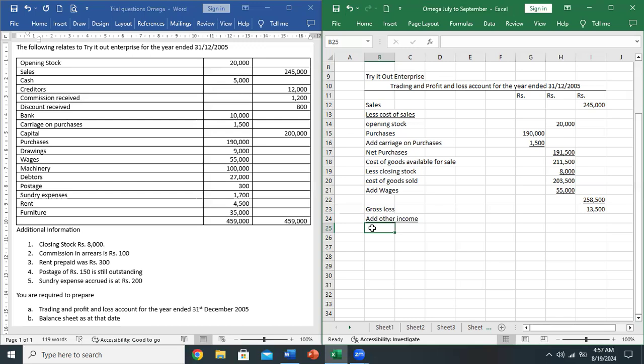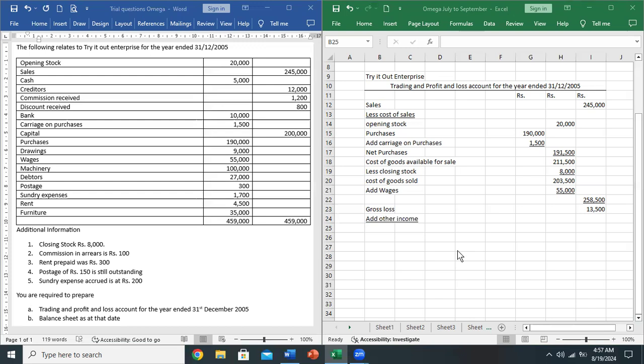Who is going to assist us get the other income? Prof. Frank and Prof. Sandra, what other income do you see in the question? So the commission in arrears.